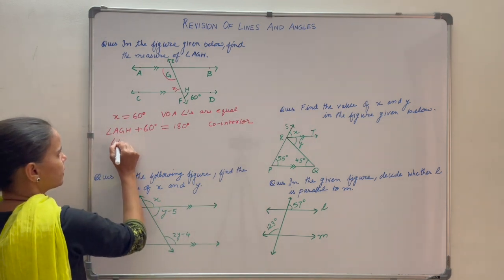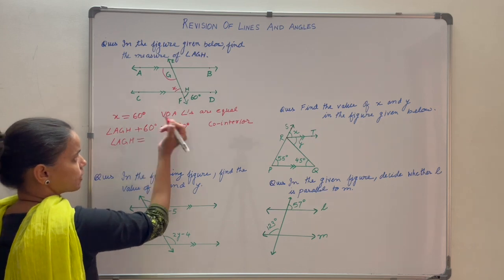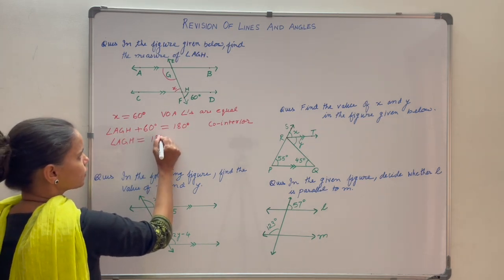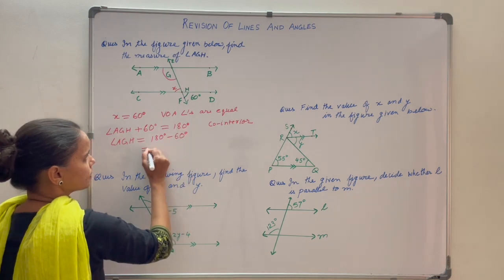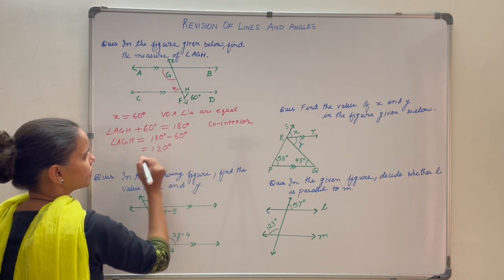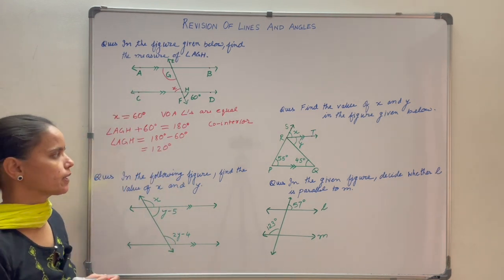So now for angle AGH, you take plus 60 to the other side, so it will be minus 60. So you get 120 degrees. So AGH is equal to 120 degrees.